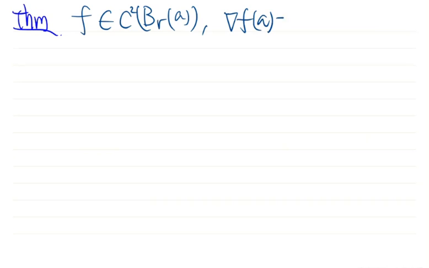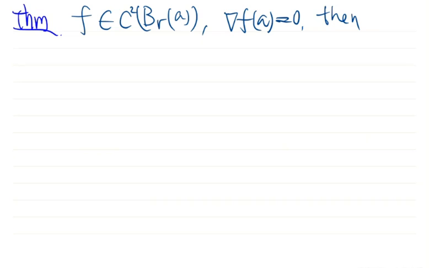Okay, so suppose f is C2. To apply the Taylor formula, we need the second derivative, so we assume f to be C2 in an r neighborhood of A, where A is a critical point. We want to determine whether this A is an extreme point.